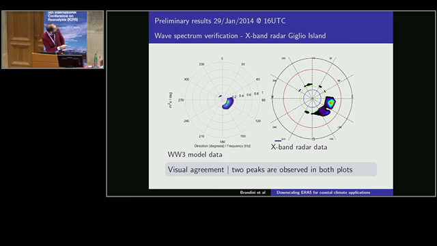One from the east, which I would say is perhaps a swell wave because it has a higher wave period. And then another peak here from the southeast that has a reduced time period, so perhaps this is some local wind wave.